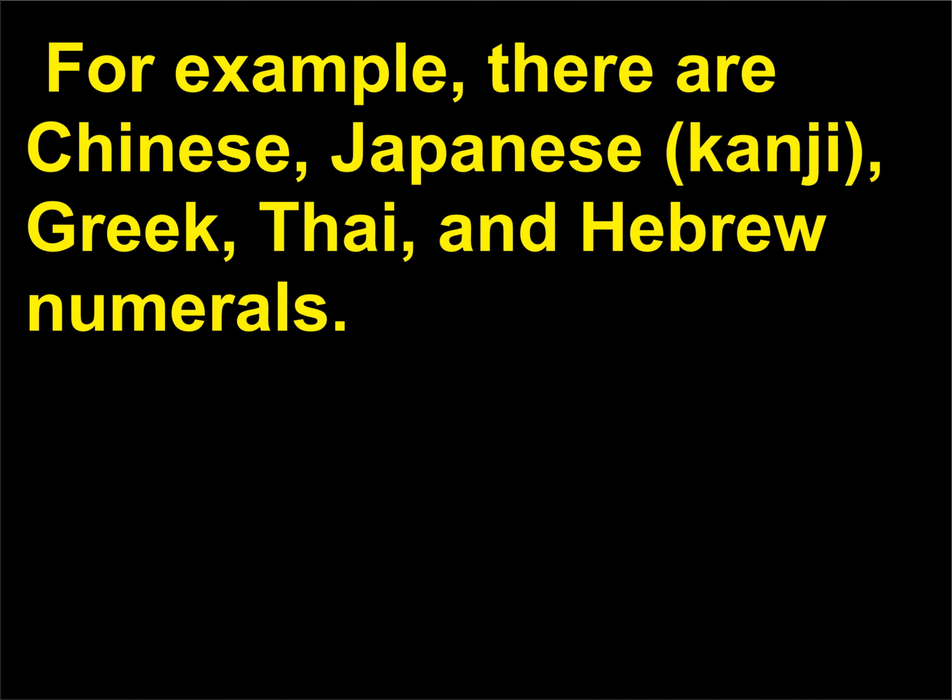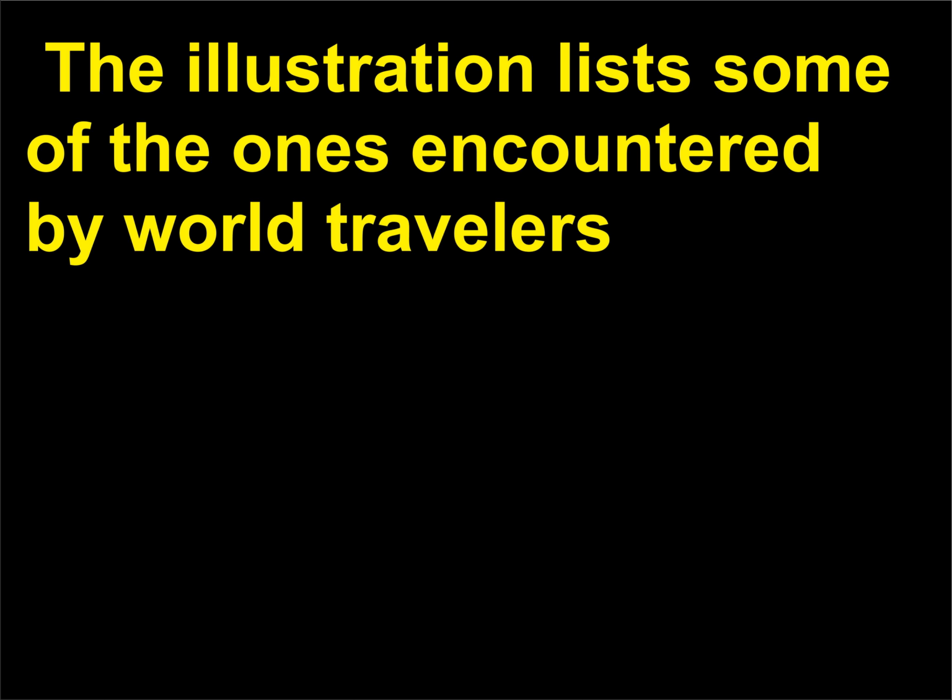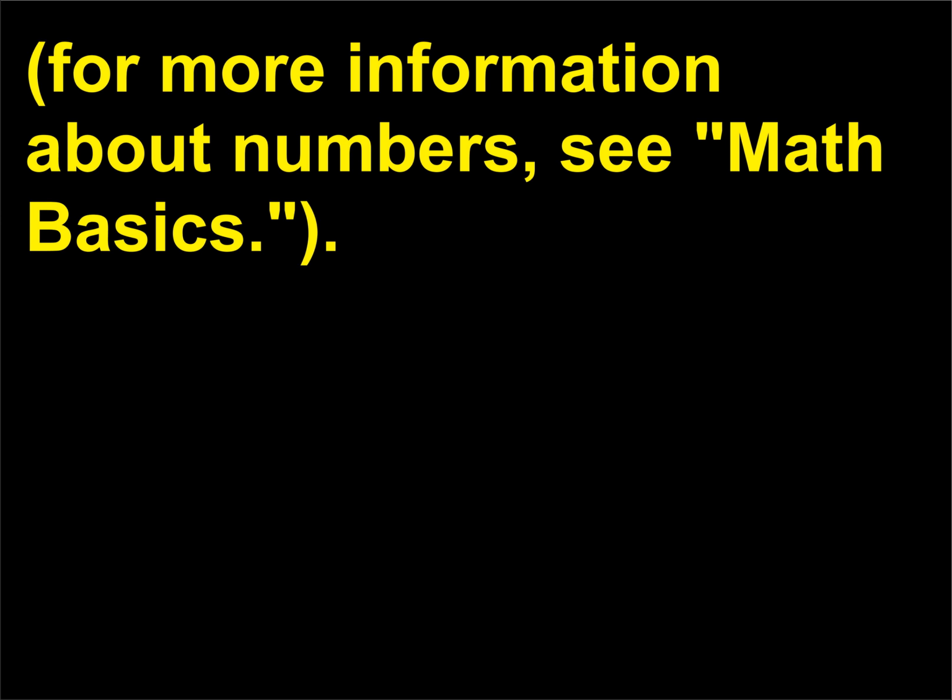For example, there are Chinese, Japanese, Kanji, Greek, Thai, and Hebrew numerals. The illustration lists some of the ones encountered by world travelers. For more information about numbers, see Math Basics.